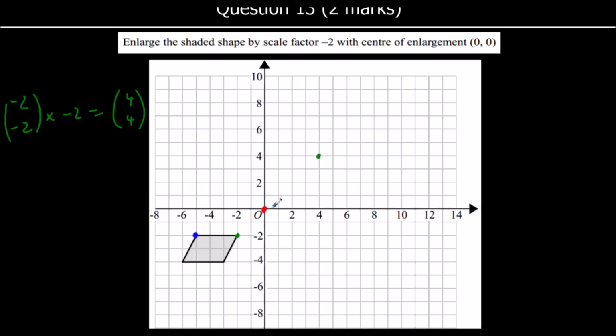This blue point, back 5 down 2, times by the scale factor. That's 10, 4. This purple point, back 3 down 4, times by the scale factor. That's 6, 8.